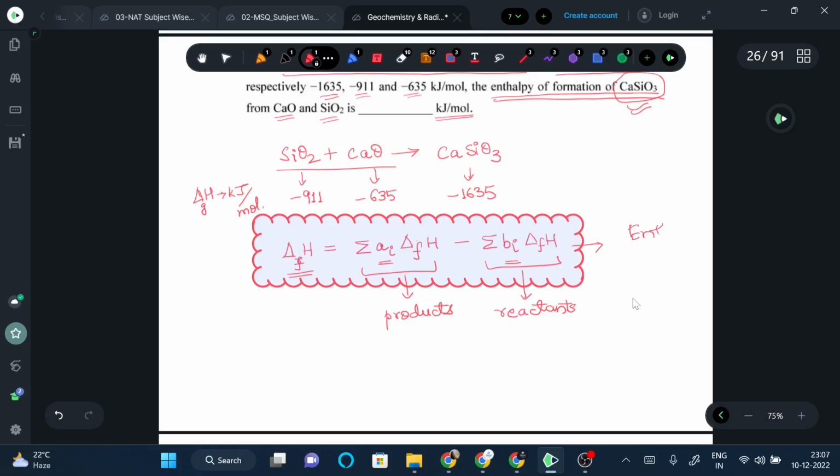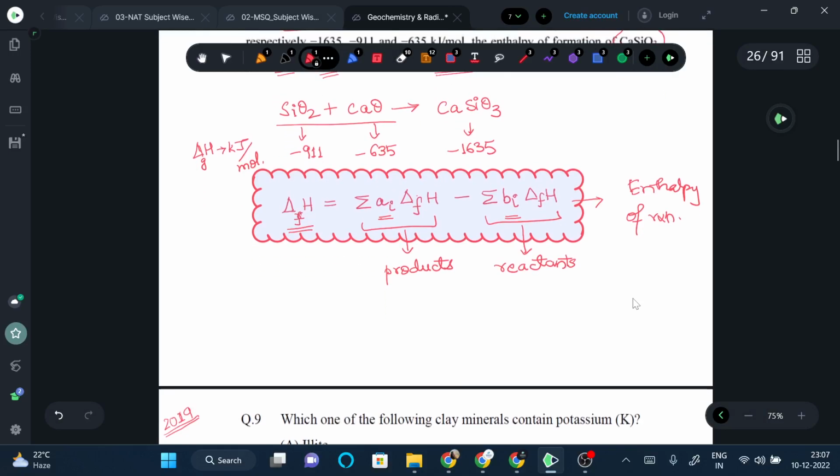So this is the general formula, okay? That is why I have written Ai and Bi. If here, let's say it was 2, we would have multiplied 2 with delta HF for the products part. But here it is 1 everywhere, so it is a simple one.